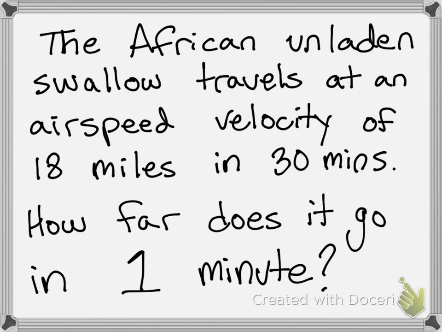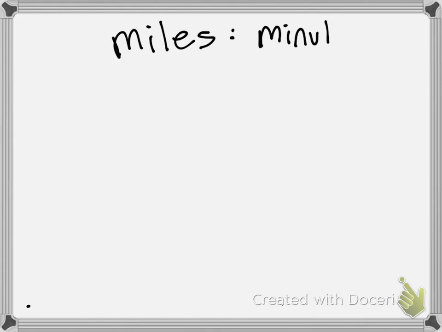18 miles in 30 minutes. How far does it go in 1 minute? So, how far does fast bird go? Let's see. What's our initial ratio? Our initial ratio is miles to minutes.